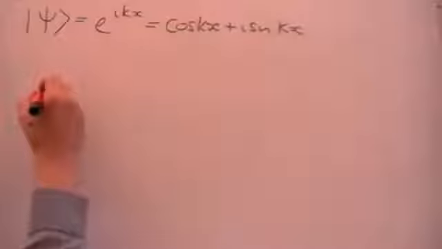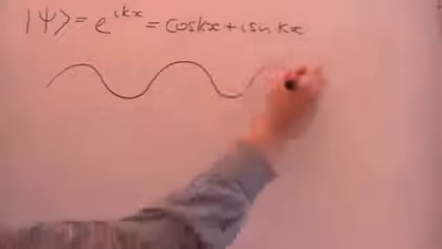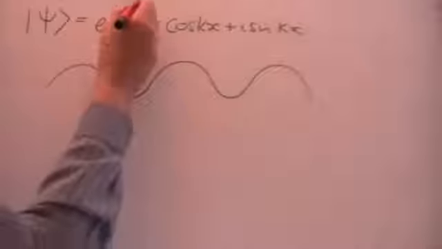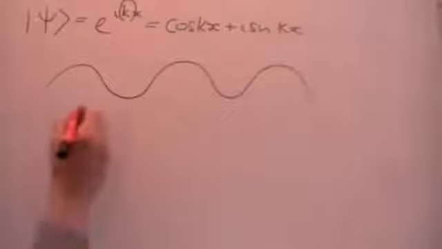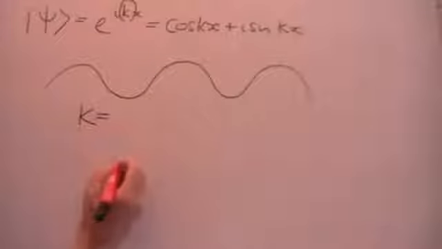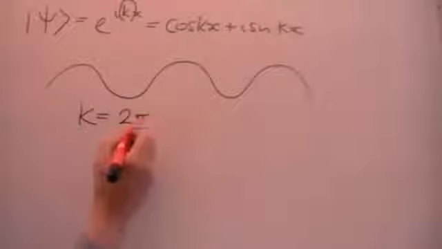It is, in the real terms, an oscillating cosine wave, and there's an associated imaginary sine wave. And that, of course, is the reason why this is called a wave function, because in this scenario it is actually a cosine wave. And now we recognise what this k term is, because in this context, k, of course, is simply the wave number, which is 2 pi over lambda.